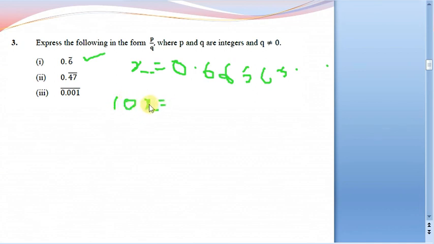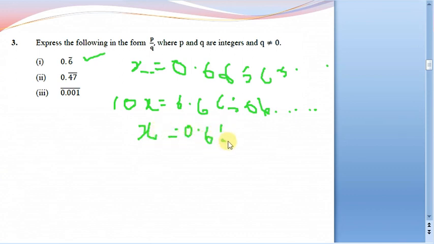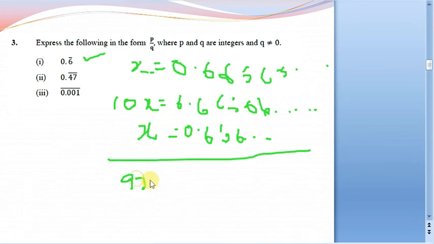If it were 2 digits, we would multiply with 100. So 10x means 0.66666 and so on; after the decimal point, 6 keeps on repeating. Now subtract the first equation from the second one. So 10x minus x is 9x. The entire part after the decimal point gets cancelled, and 6 minus 0 is 6.